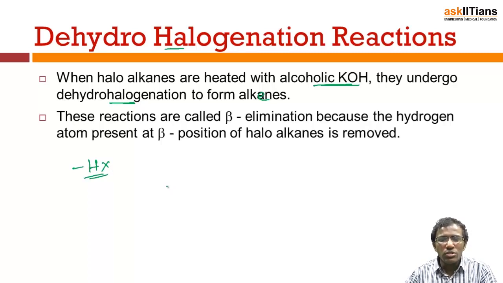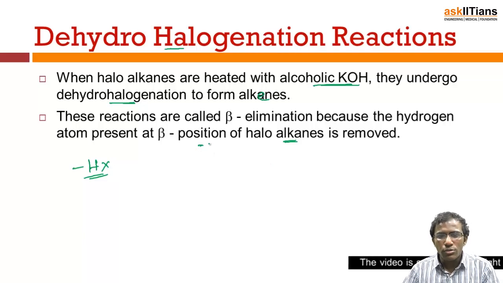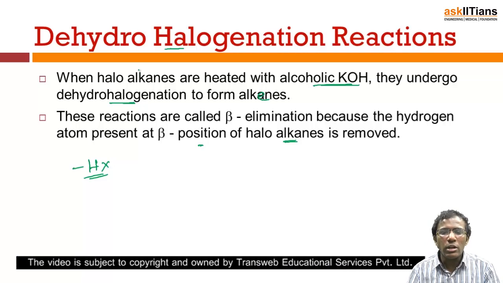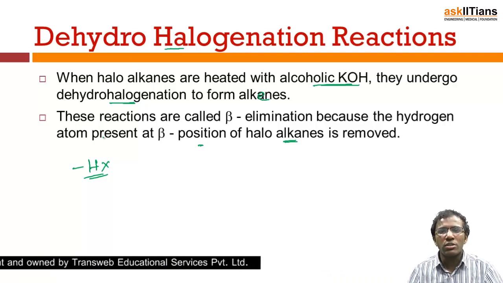These reactions are called beta elimination because the hydrogen atom that is removed is present at the beta position of the haloalkane. So basically this dehydrohalogenation is an elimination reaction, right?